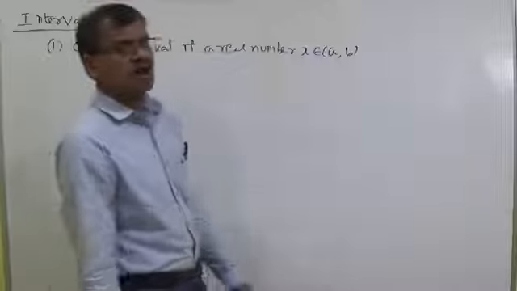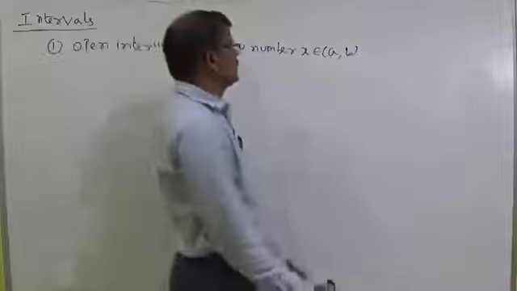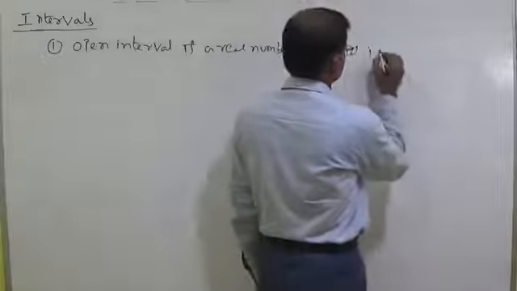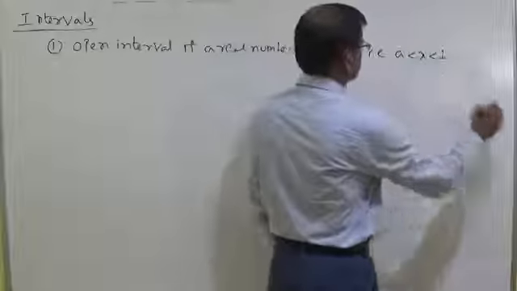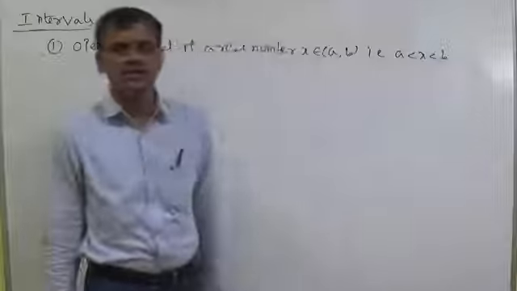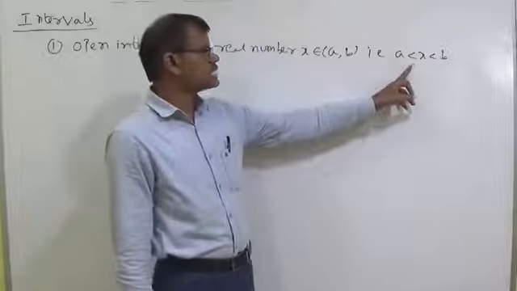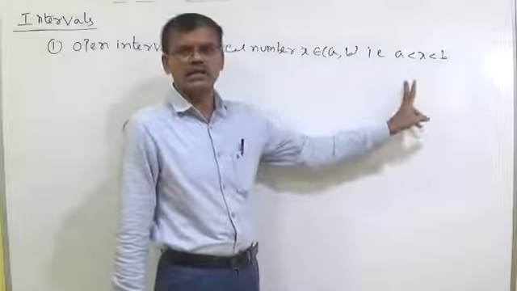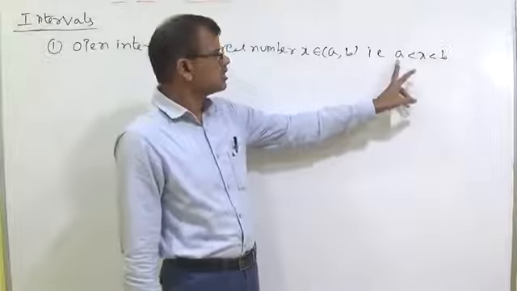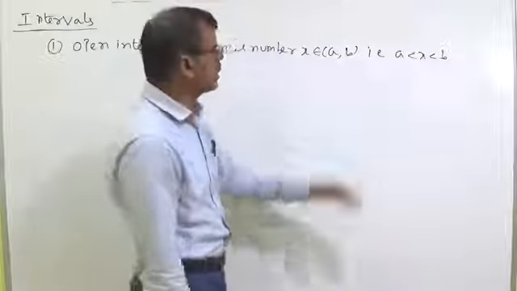It is called a small bracket or general bracket. x belongs to (a, b), that is a less than x less than b. That meaning is that the real number x lies between a and b, other than a and other than b. So it is called excluding a and b.